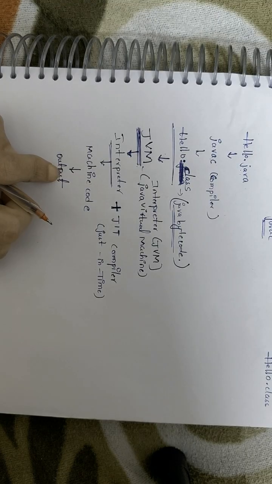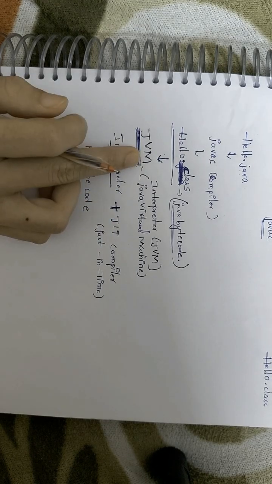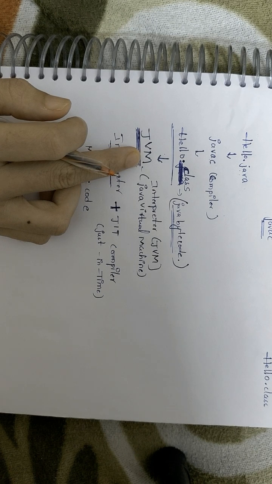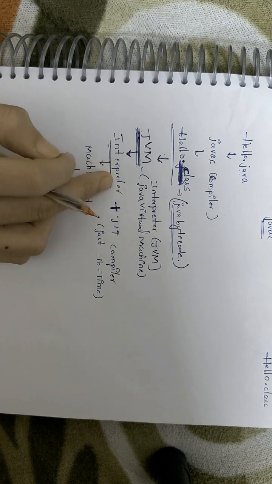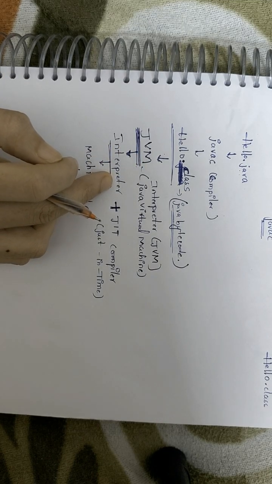By looking at this, we understand that Java is both a compiler-based and an interpreter-based language. The Java compiler, javac, compiles our source code into bytecode with the .class extension. Then the JVM comes into the picture, and it gives the bytecode to an interpreter or the JIT, the just-in-time compiler.